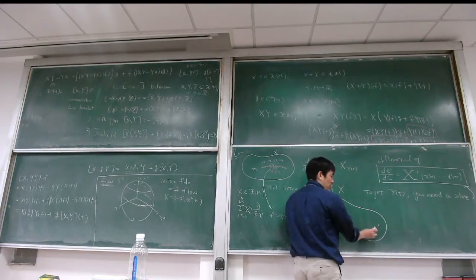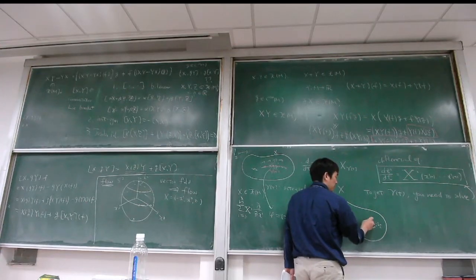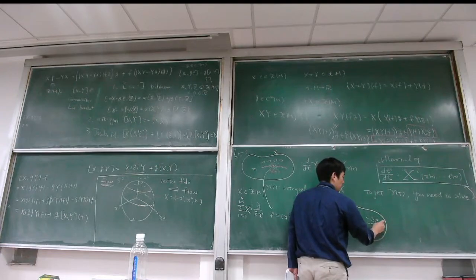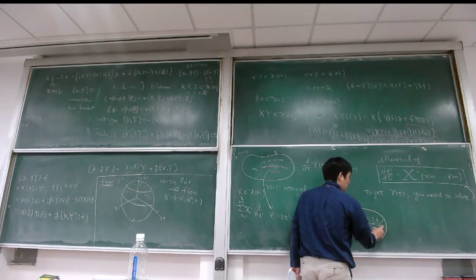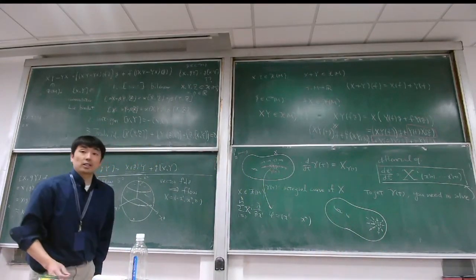For instance, if the vector field becomes zero around this point, one can smoothly define a vector field like this one.